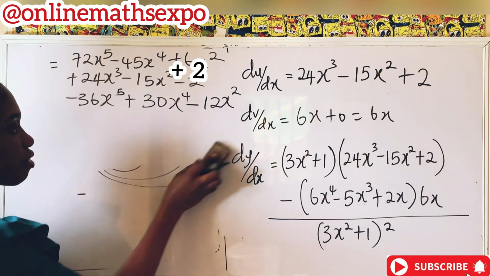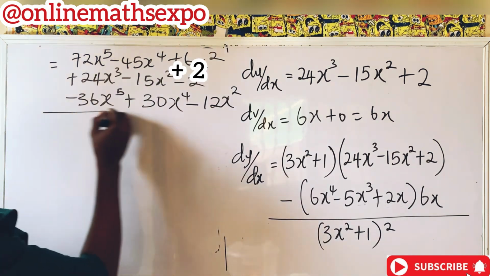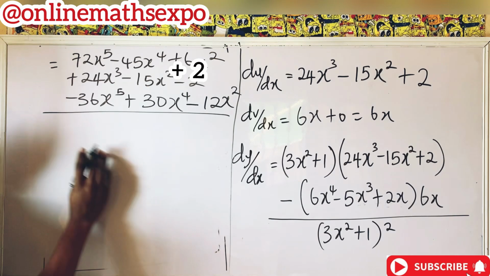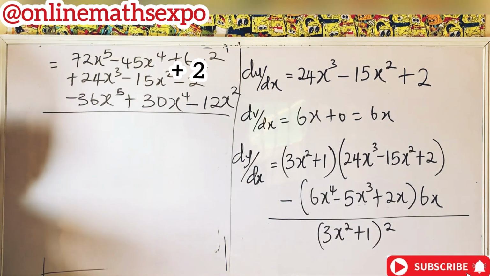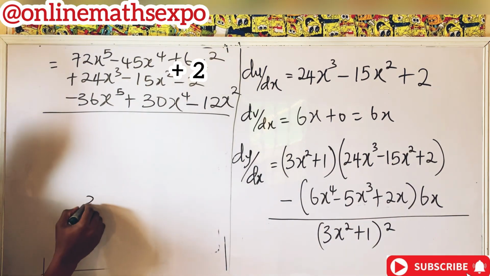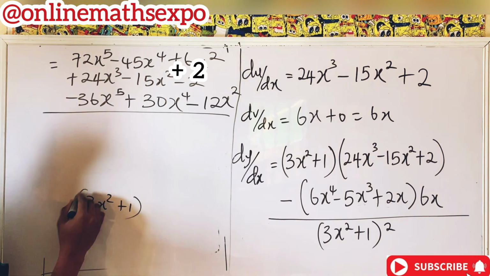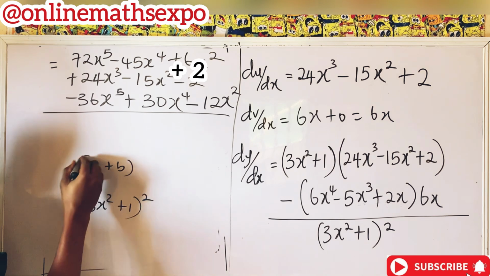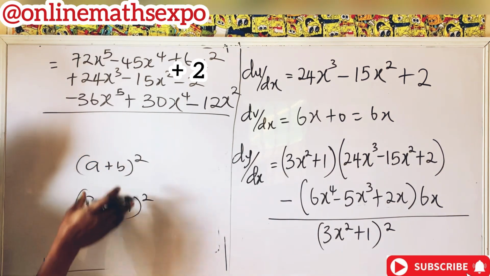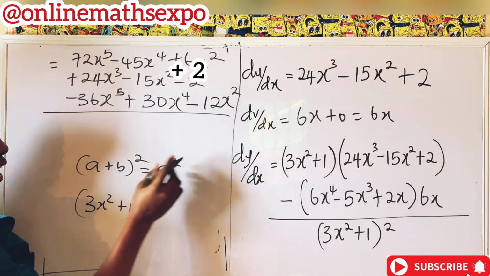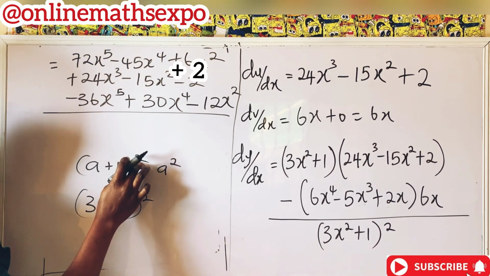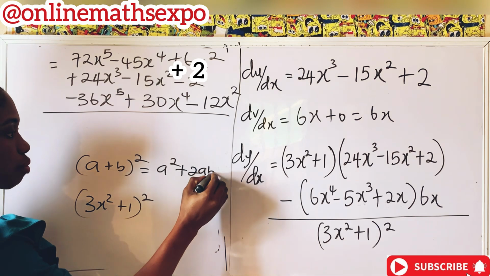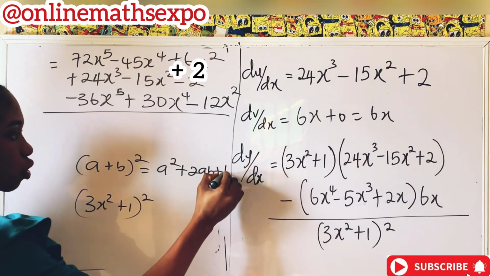Okay, now having expanded it, we have this is over what? 3x squared plus 1 raised to power of 2. So we can expand that to have, remember, when you have something like this, the same as a plus b to the power of 2. And this is a squared, raise this to power a, use 2 to multiply this 2, we have 2ab. Then square this also.